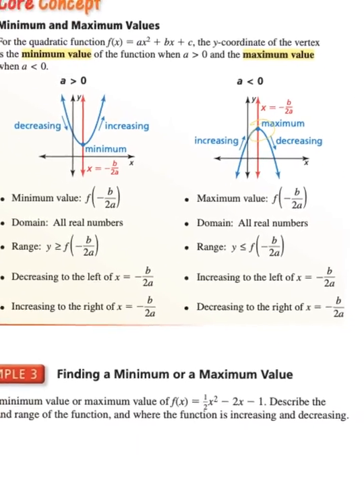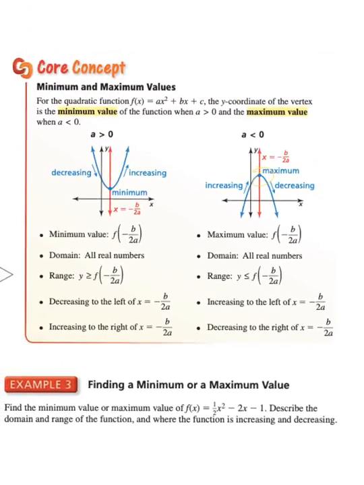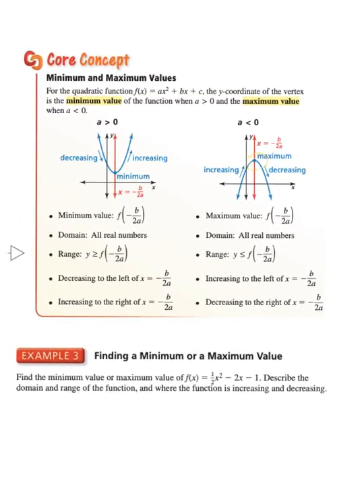If you look on the next page, how do we find the minimum or the maximum?